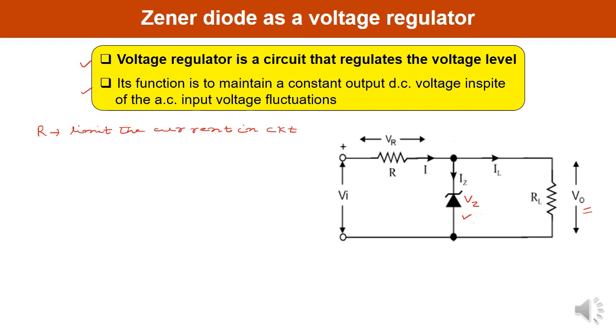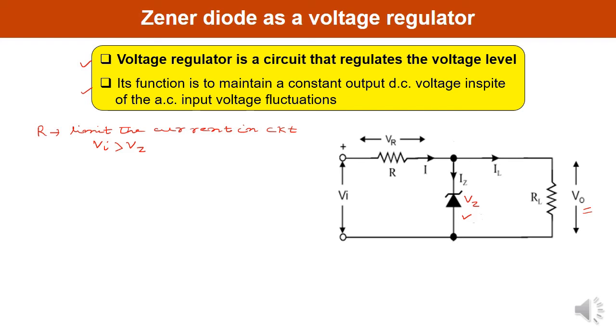So for the operation of the circuit, the input voltage should be greater than the Zener voltage. This VI must be greater than the Zener voltage, then it will be in the on state, and the Zener diode operates in the breakdown region. So the input current can be calculated as what?